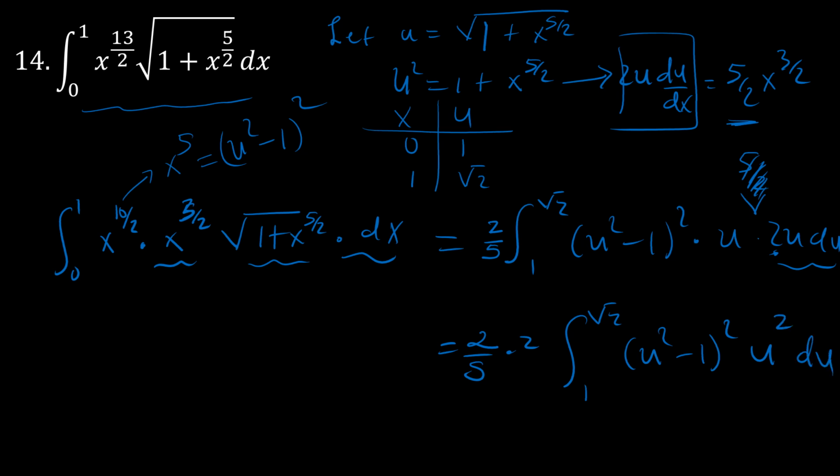Okay, and this is now equal to 4 over 5 integral from 1 to root 2 of this first part is u to the power 4 minus 2u squared plus 1, times u squared du. So let's keep going.